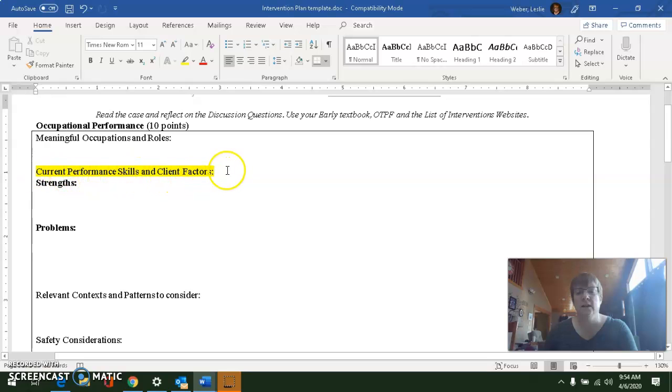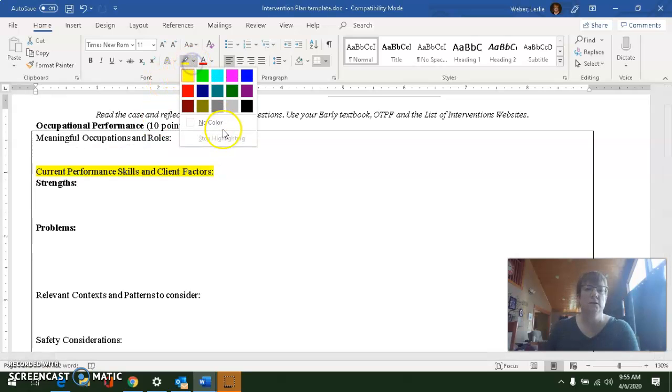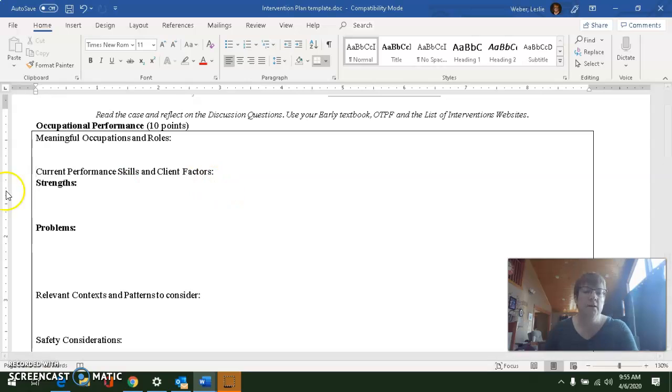Current performance skills and client factors. Now, you're not going to list every performance skill and client factor, but if there are a few that you want to be aware of, list those there, okay? The relevant ones, maybe they're a problem or maybe they're a strength that you can draw upon. So list those there. Make sure you list something.